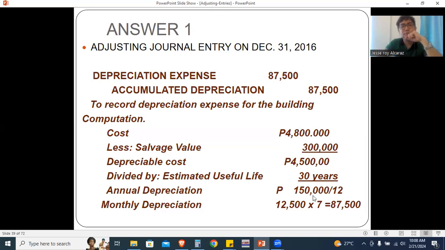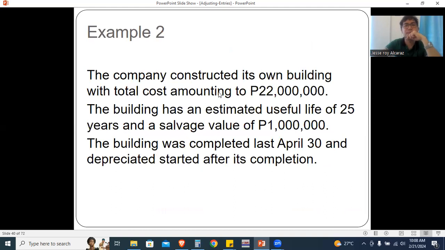So in order to compute for the monthly depreciation, 150 divided by 12, that's 12.5, then times 7 months, we arrive at 87,500. Ayan. The debit depreciation, 87,500. Credit, 87,500. Accumulated depreciation.